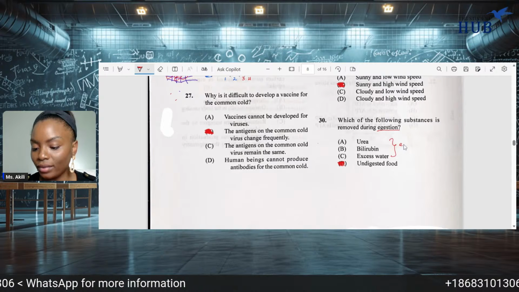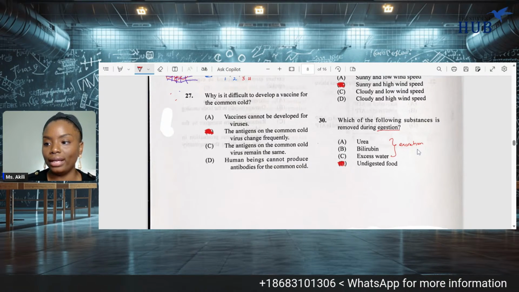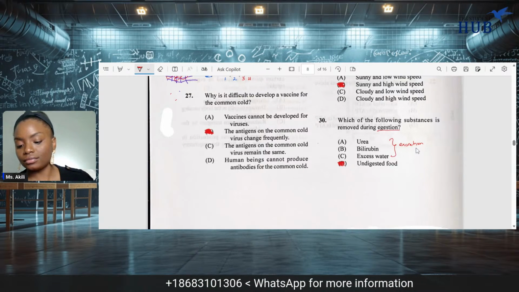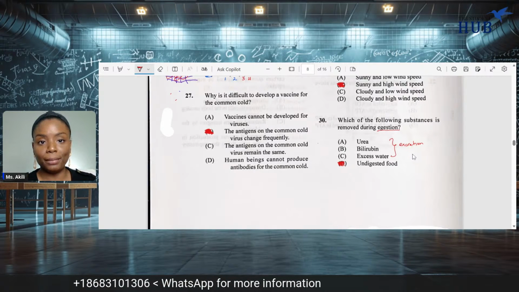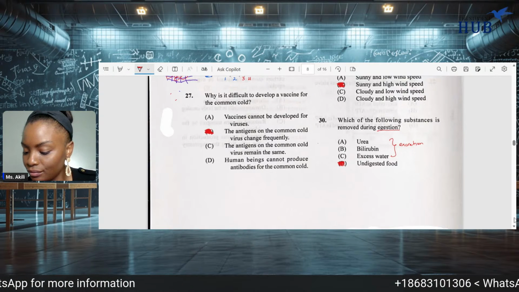The rest are excretion. Excretion is getting rid of metabolic waste produced from chemical reactions or metabolic reactions within the body, right?